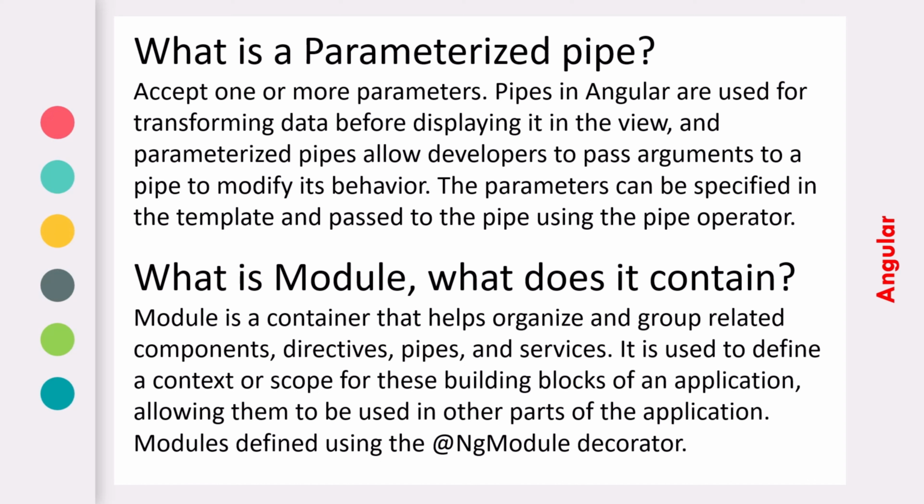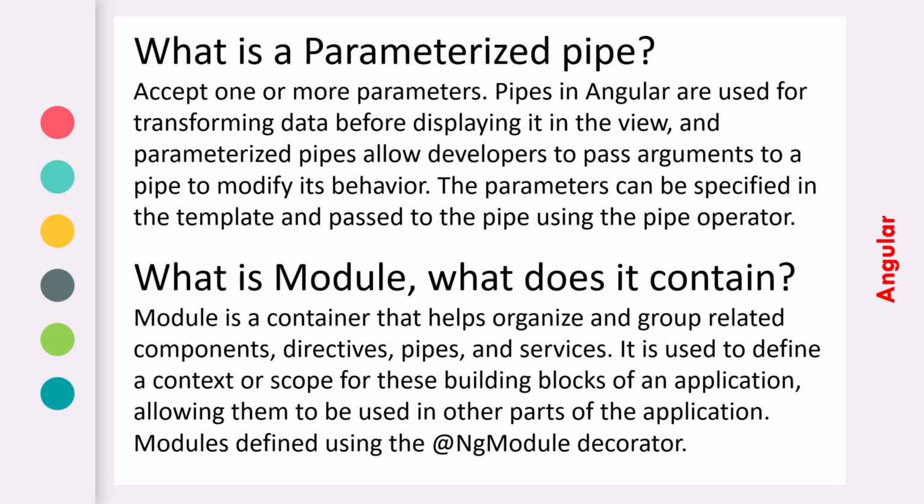What is a module and what does it contain? In Angular, a module is a container that helps organize and group related components, directives, pipes, and services. It is used to define a context or a scope for these building blocks of an application, allowing them to be used in other parts of the application.